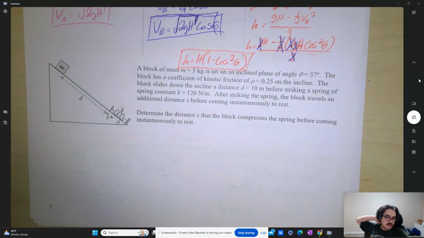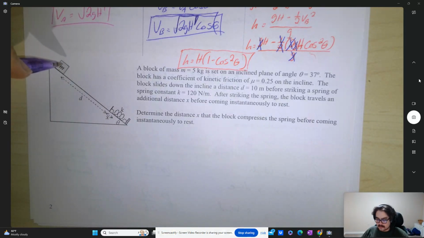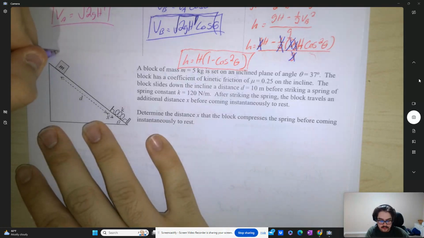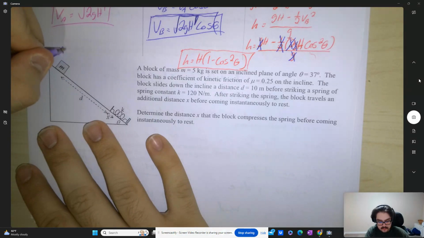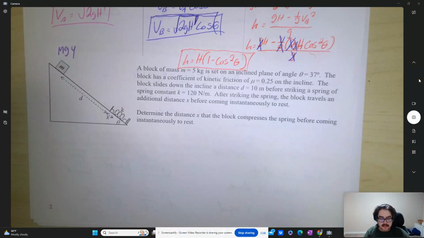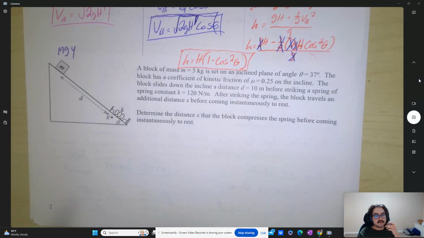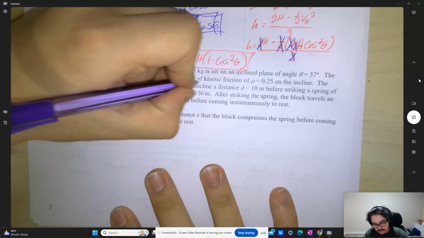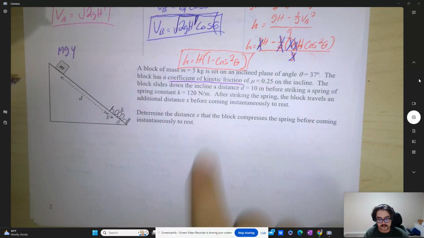Now, it's important to note that one of the most challenging things about this problem is that at the beginning you initially have gravitational potential energy, m g delta y, and then at the end you should have it all turned into spring potential, but there's also some energy dissipated because there's kinetic friction.